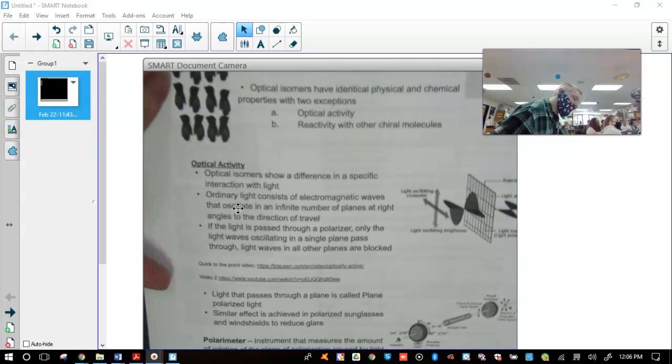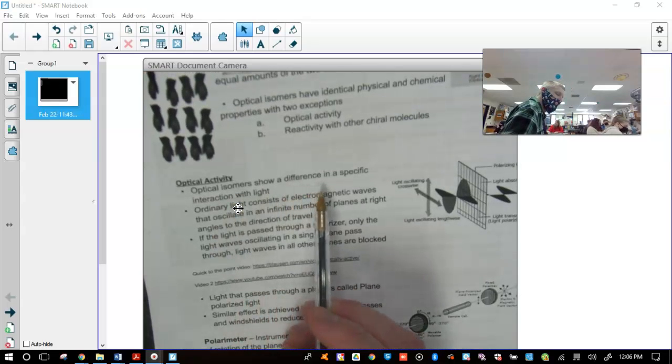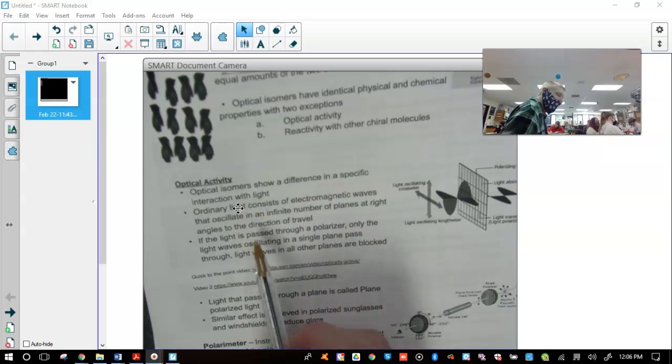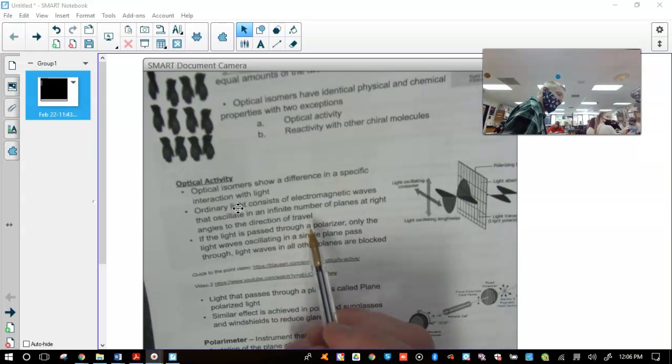All right, optical activity. So focusing more on that, optical isomers show a difference in a specific interaction with light. Ordinary light consists of electromagnetic waves that oscillate in an infinite number of planes at right angles to the direction of travel.